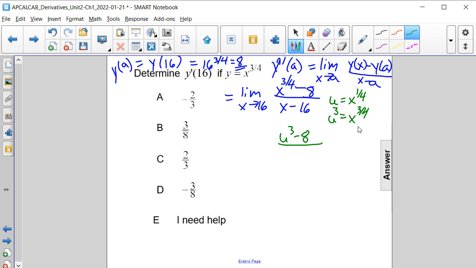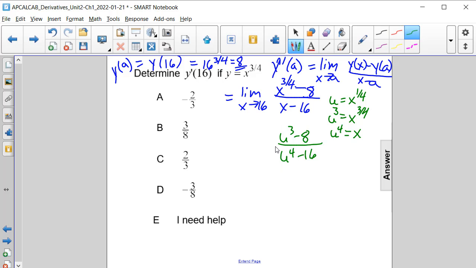Now we also have to get an x value here. So if u is equal to x raised to the 1/4 power, then x itself will be equal to u to the 4th. So the denominator will become u to the 4th minus 16. And I can simplify that by using difference of squares a couple of times.